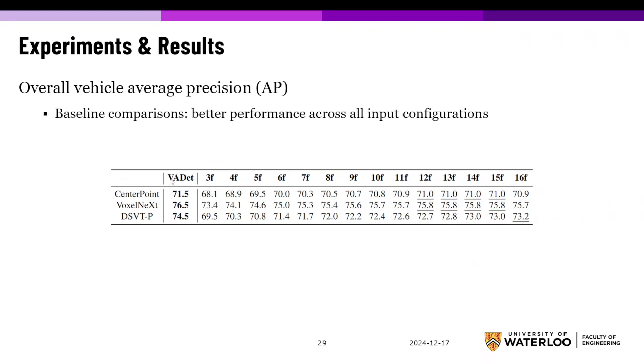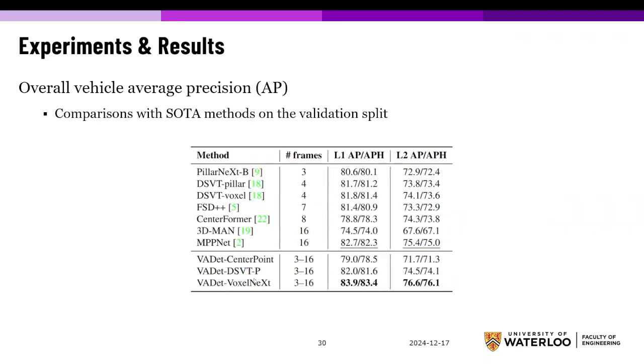As you can see, for all 3 architectures, VADet can outperform any of the configurations, even the best ones, ranging from 12 to 15 frames for Centerpoint and VoxelNext, and 16 frames for DSVT.